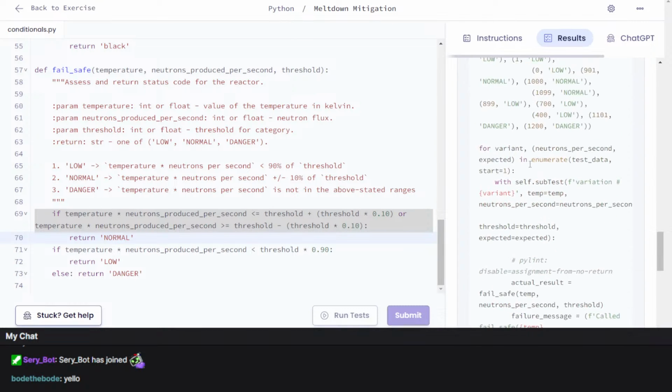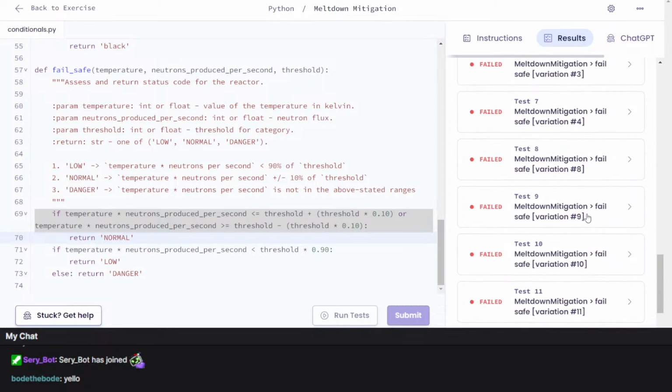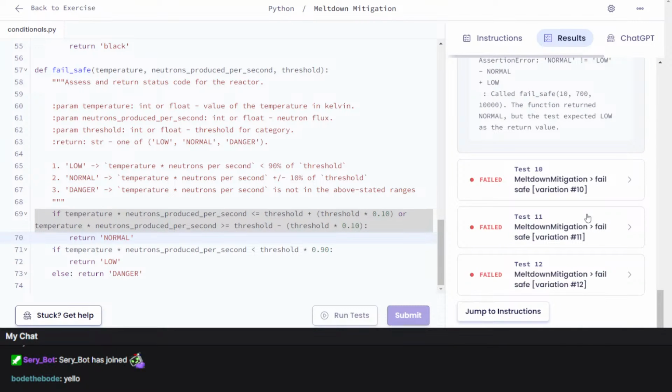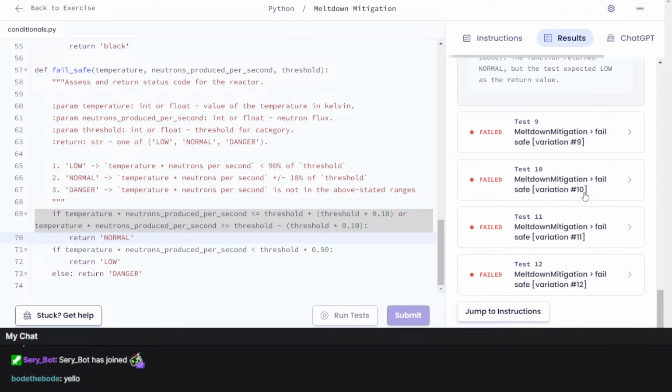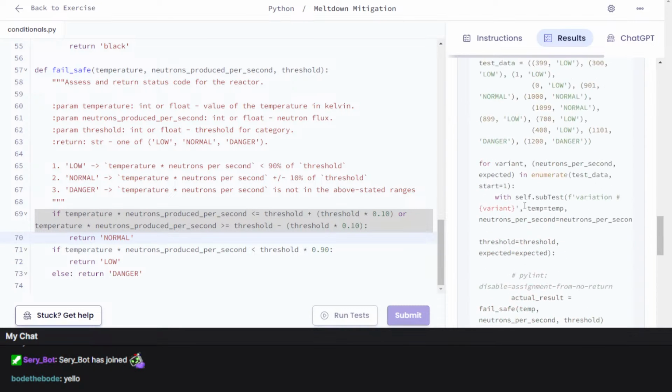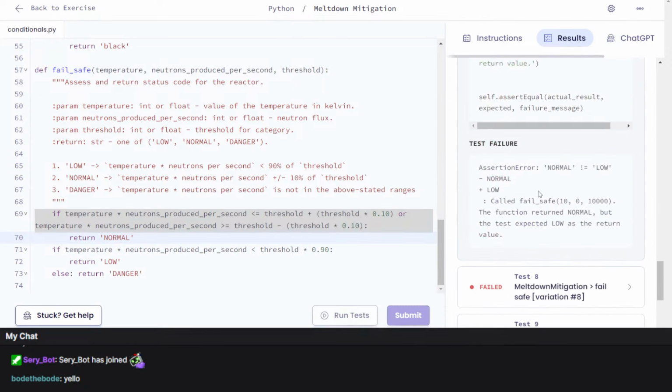The function returns normal. The function returns normal. Okay. That's bad. The function returns normal. Why is it doing that? The function returns normal. What?